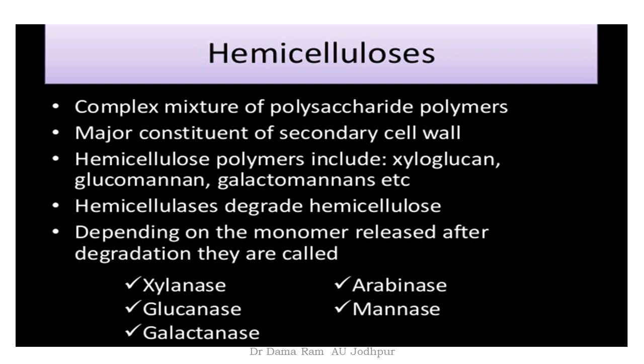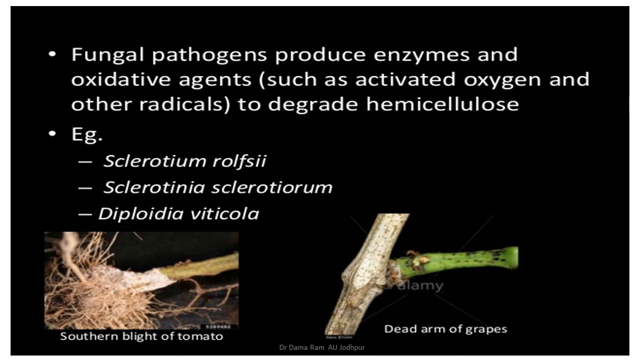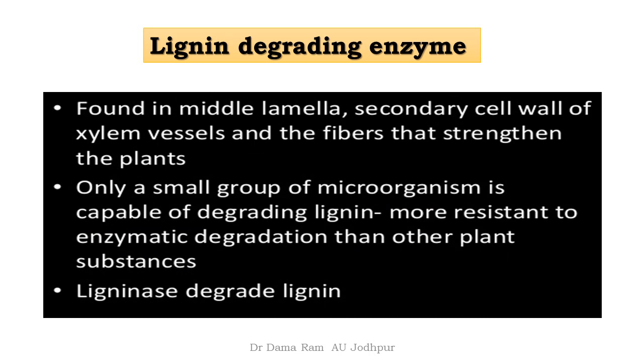After degradation they are called xylans, glucans, galactanase, arabinose or mannase. Fungal pathogens also produce enzymes and oxidative agents such as activated oxygen and other radicals that also degrade the hemicellulose. Sclerotium species release reactive oxygen.